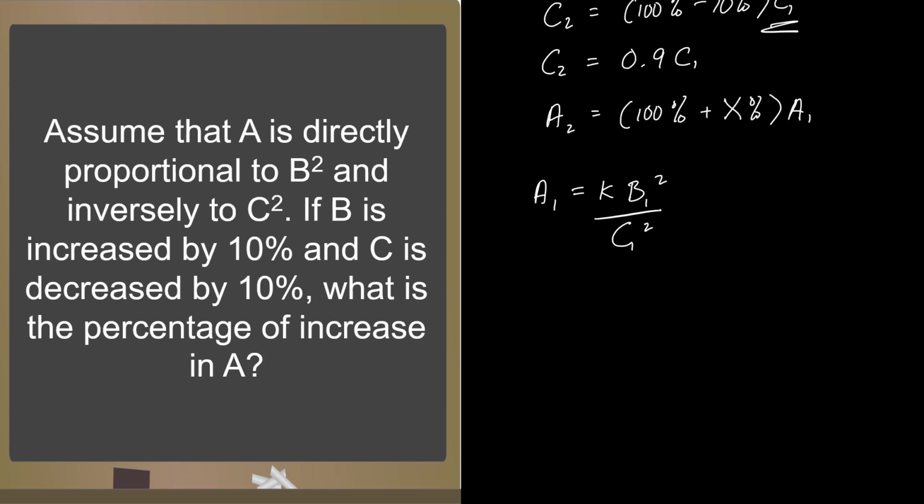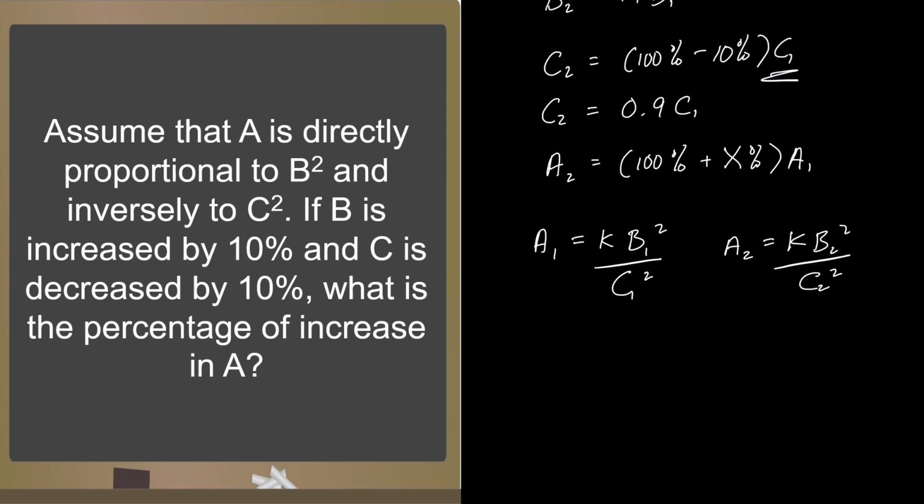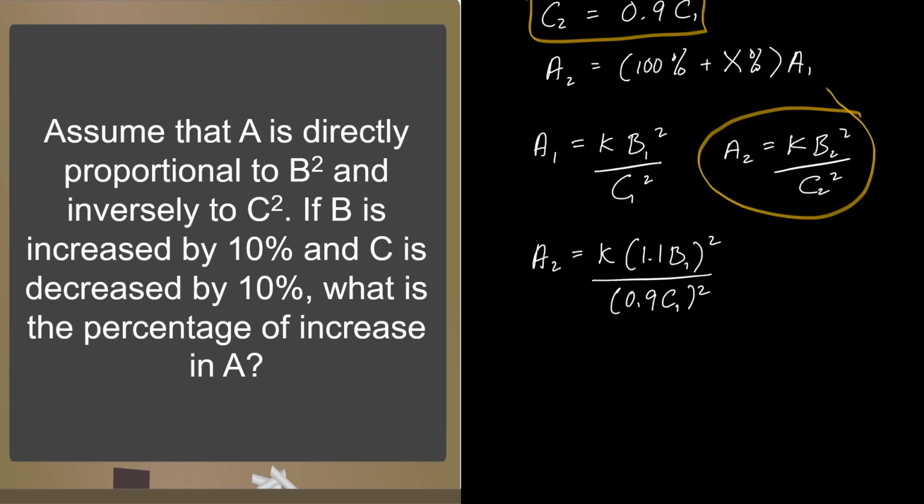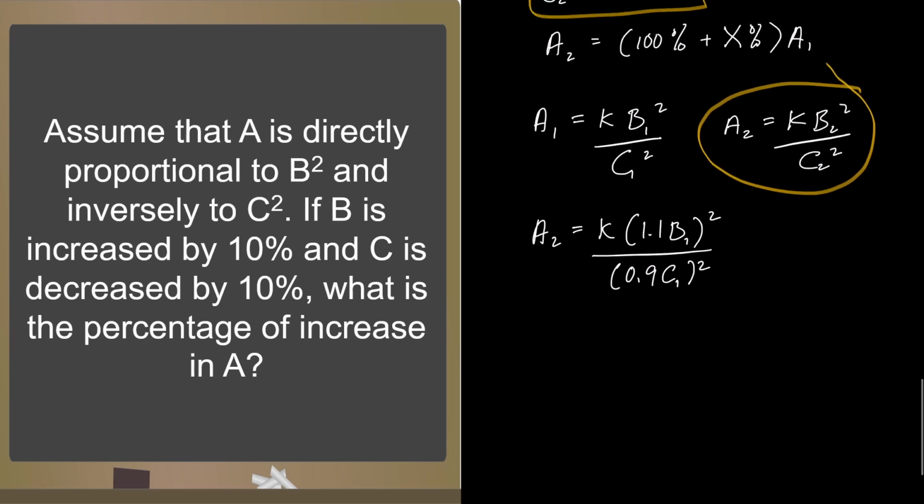And we can also express A2 as K times B2 squared divided by C2 squared. However, we are given the values of B2 and B1 and C2 and C1, so we can substitute them. So we can write A2 as K times, what is B2 again? B2 is 1.1 B1, squared, divided by 0.9 C1 squared.